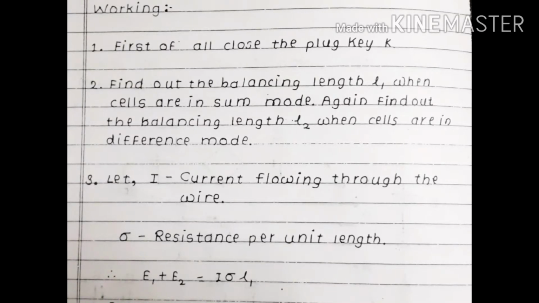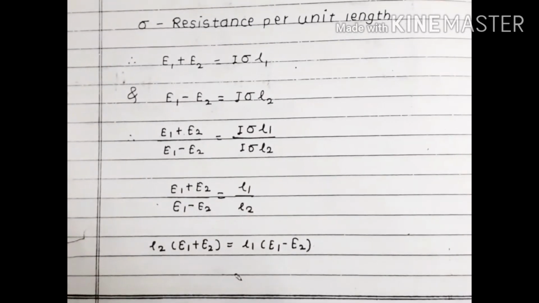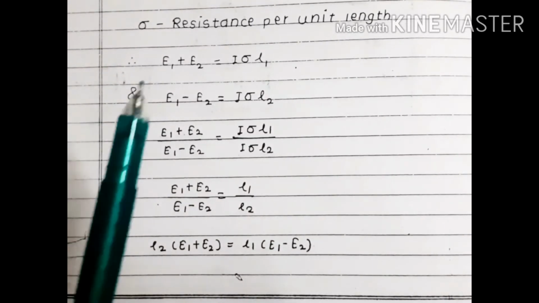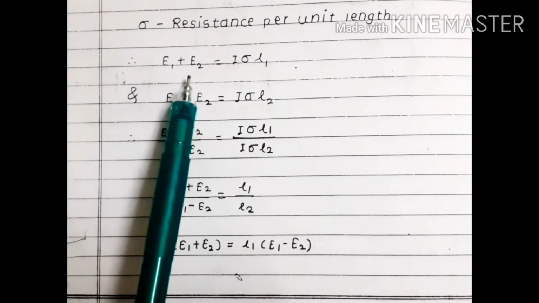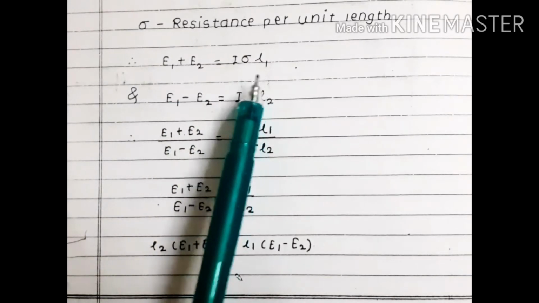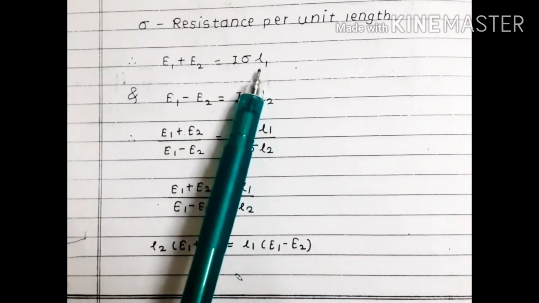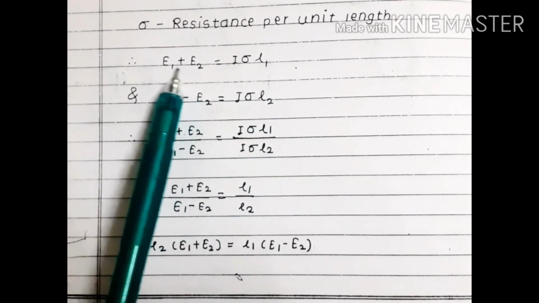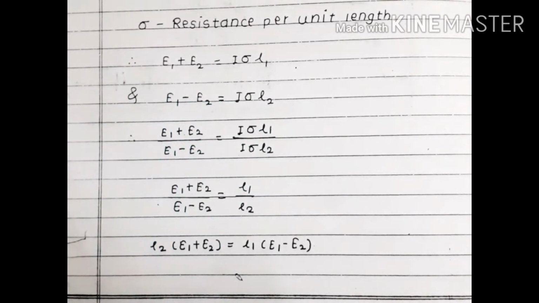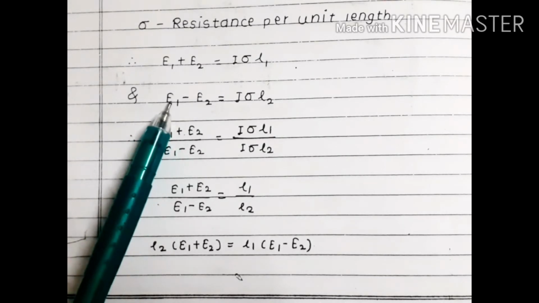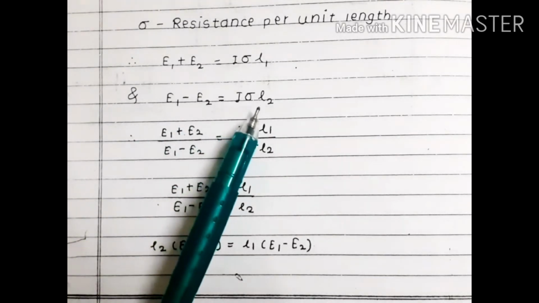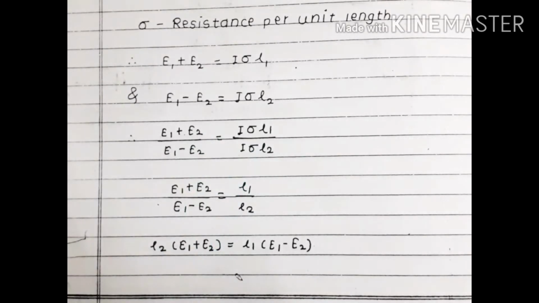Then we can write E1 plus E2 is equal to I sigma L1. Here L1 is the balancing length when the given cells are connected in assist mode or sum mode. And E1 minus E2 is equal to I sigma L2. Here L2 is the balancing length when both cells are connected in oppose mode.